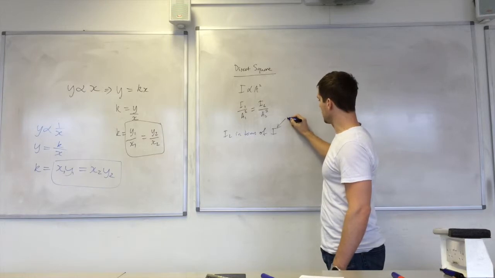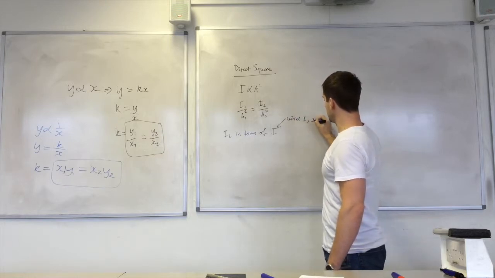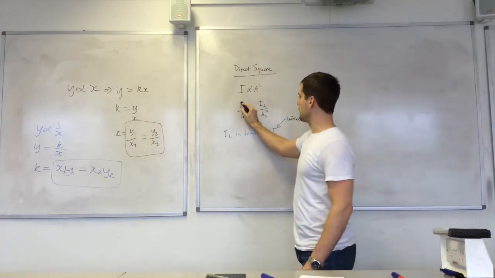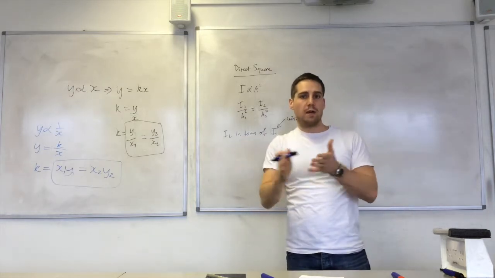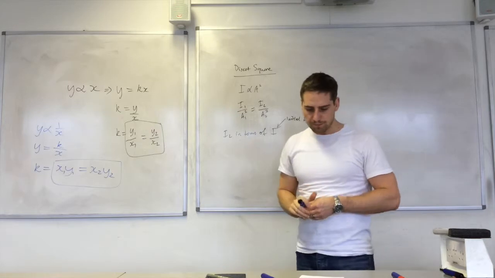Okay, so that's initial intensity, which is I1 in that equation. So we just want to find out what's the factor that you multiply the initial intensity by to get I2.